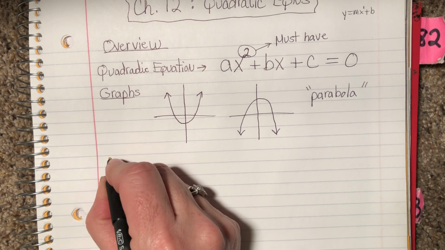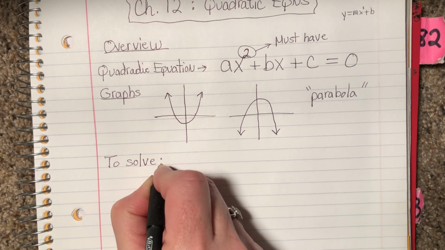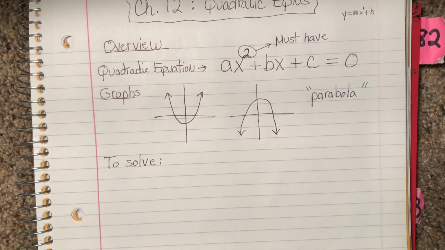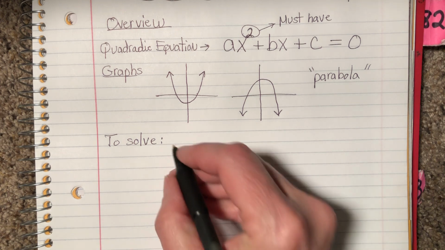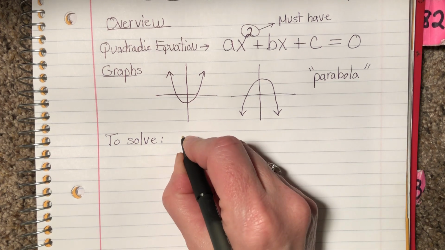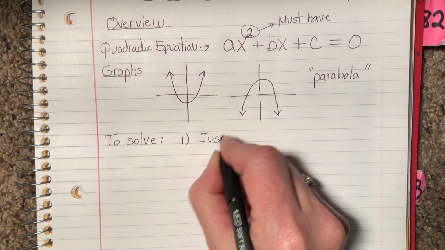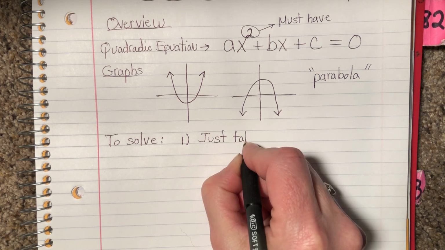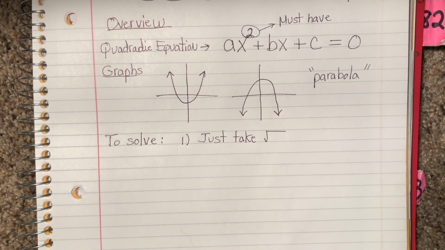So, to solve, kind of like when we factored, we had a little checklist. It's not really a checklist, but it's just a list of ways that you could solve one of these. Number 1, just take the square root.